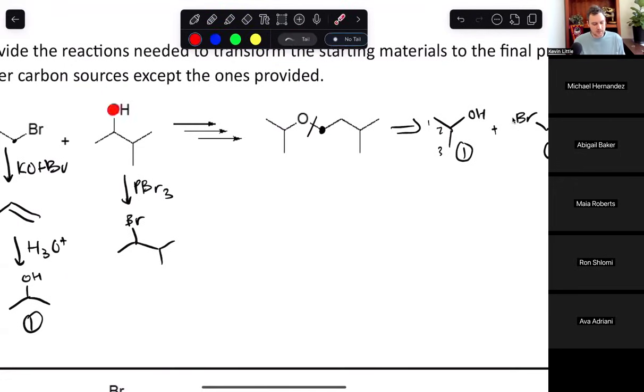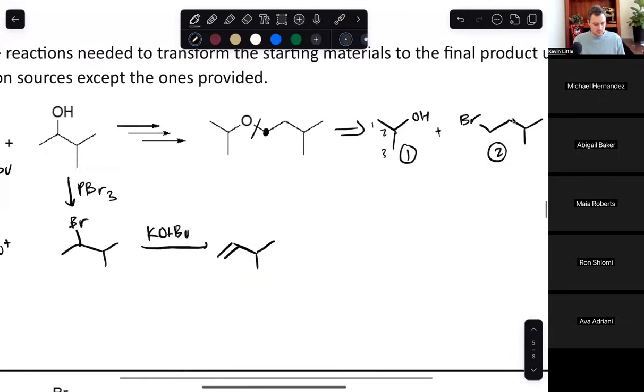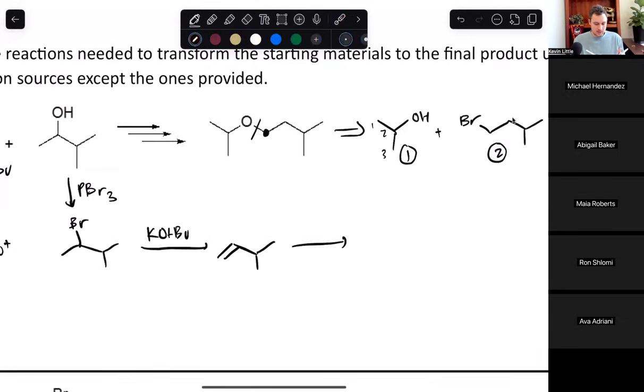If I just try to eliminate this alcohol, I will only get the more substituted elimination, because I can't use a bulky base to remove this alcohol. But I can use a bulky base to remove that bromine. So it's a little bit annoying, but putting a leaving group there gives me a little more flexibility. All right, now I can use a bulky base to do the elimination from this side instead of from this side. Now I can do the addition anti-Markovnikov, HBr, H2O2, to get this.